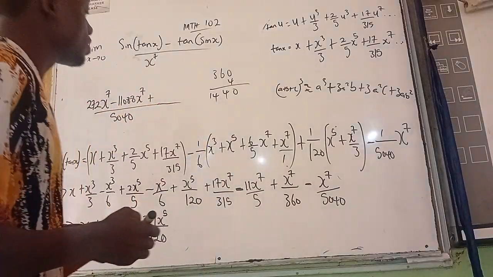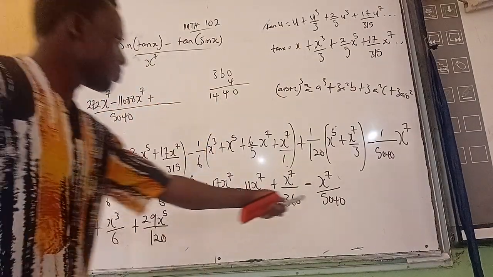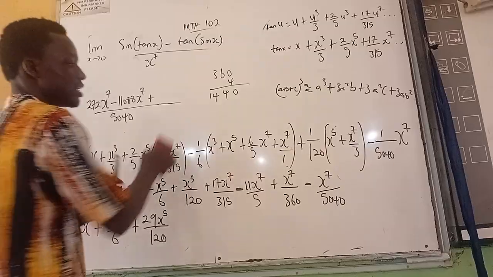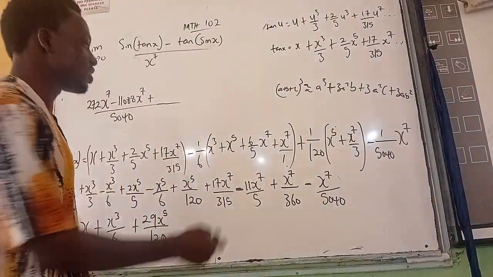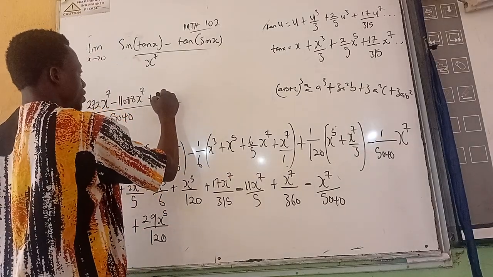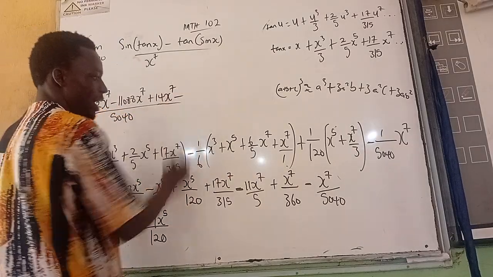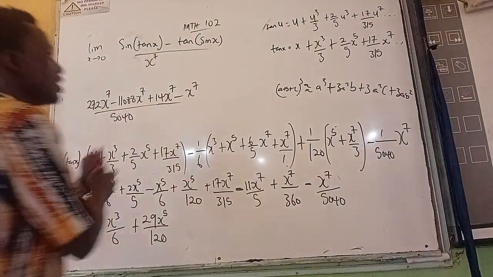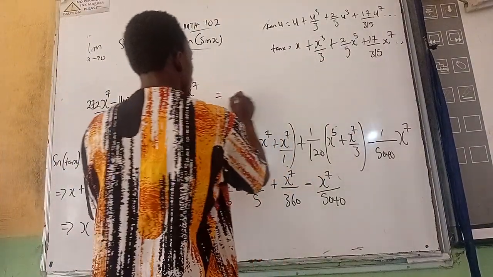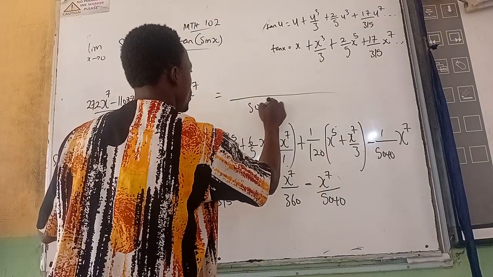If you add this to 3,600, it's going to be 5040. So 360 times 14 is 5040. Plus 14x^7 minus x^7. Can we see that? The LCM is 5040.